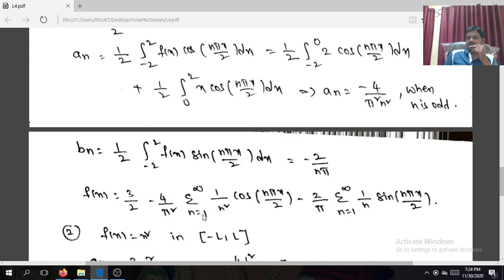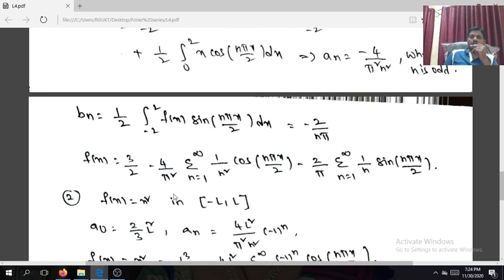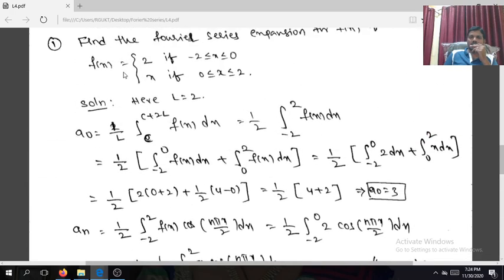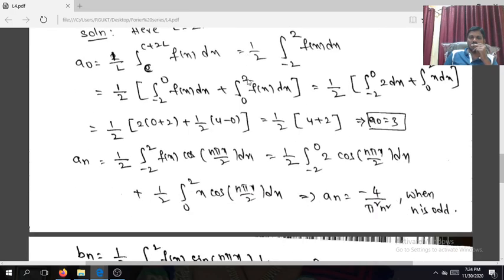If you take n even, the cosine terms are not expected. This is a Fourier series expansion of f of x, which is defined as 2 for minus 2 less than x less than 0, and x for 0 less than x less than 2.